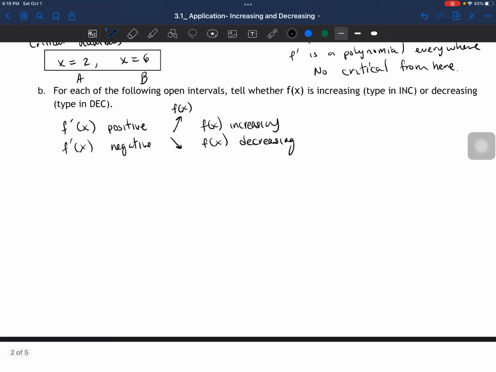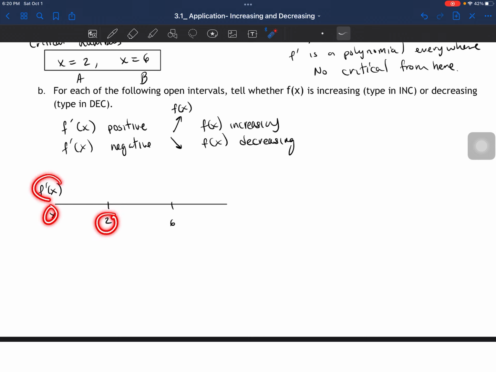So what we're saying here is that we have a way to actually test this by creating a number line and breaking it down using the two critical numbers. We're going to use the critical numbers to define when the function is increasing or decreasing.